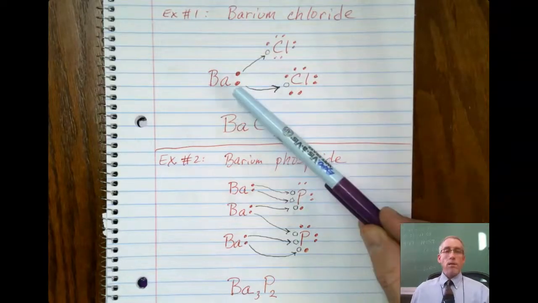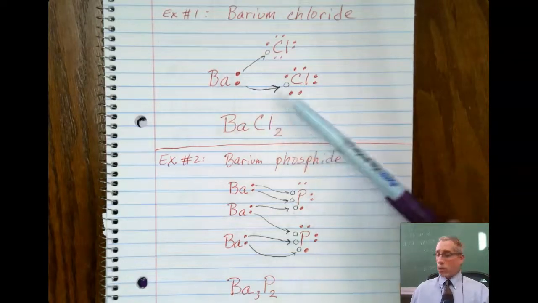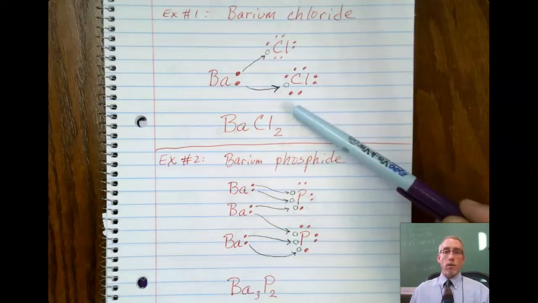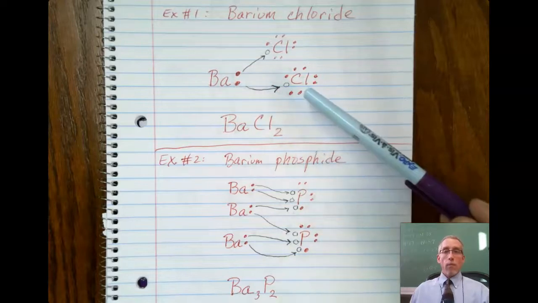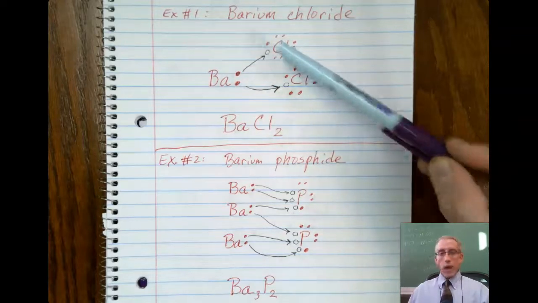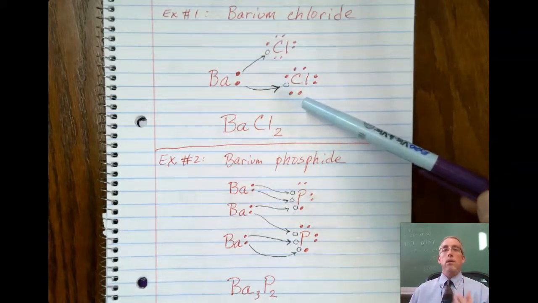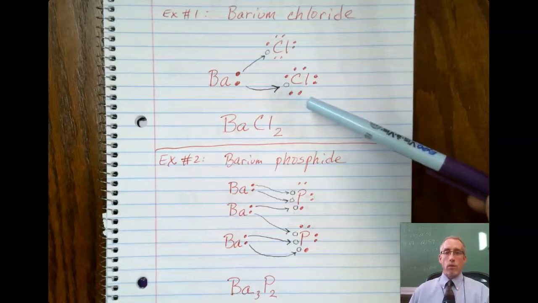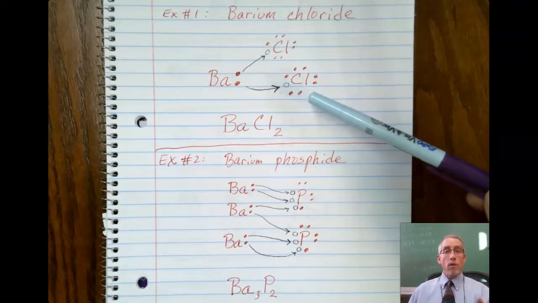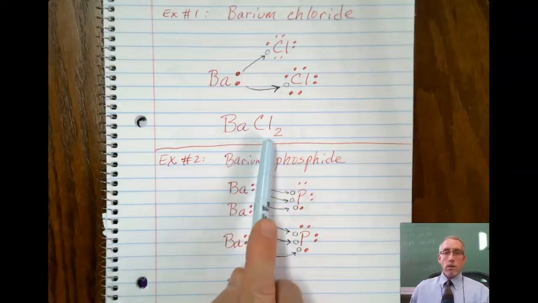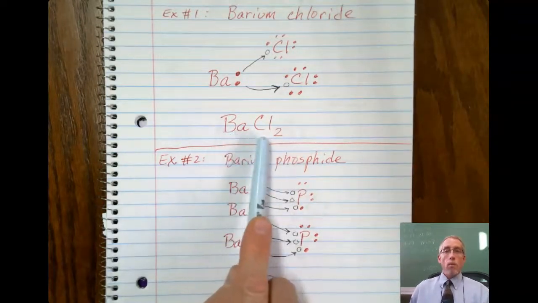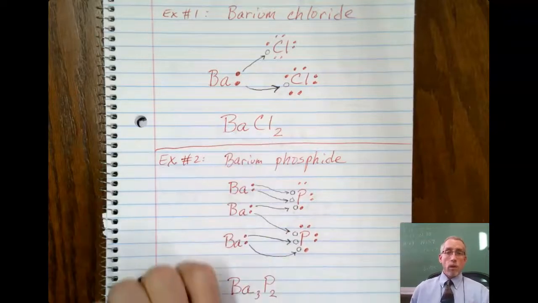But barium still has a second electron to get rid of, so a second chlorine atom is necessary. And so then we've got one barium atom giving away electrons and two chlorine atoms accepting the electrons. And that's how we arrive at the formula for that particular compound, BaCl2. That's one barium bonding with two chlorines.